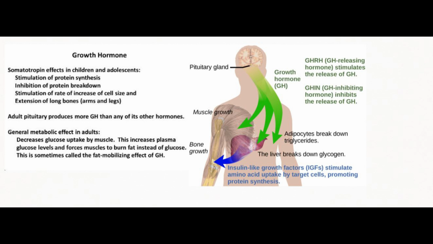Another feature of growth hormone is it mobilizes the fat from the adipose tissue. If the fat is mobilized from the adipose tissue, the concentration of fatty acids will increase in the body fluid. These fatty acids will be used for production of energy by the cells, and the proteins will be spared.